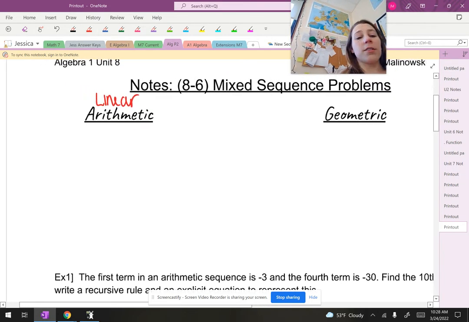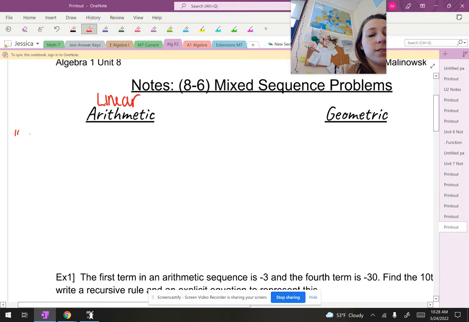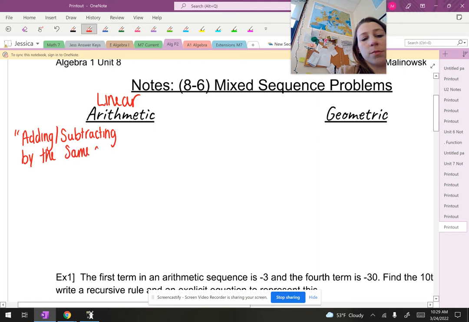And if it's linear, that means that it has that adding or subtracting by the same amount. And what that adding or subtracting by the same amount is, that's your common difference.